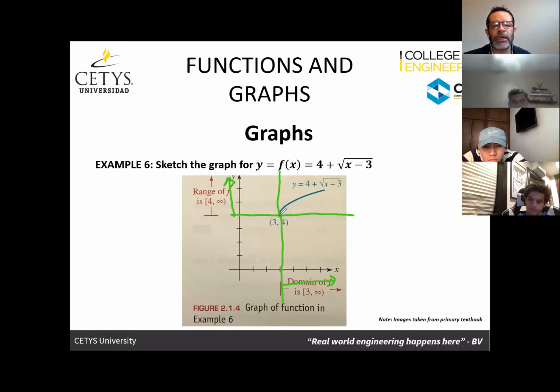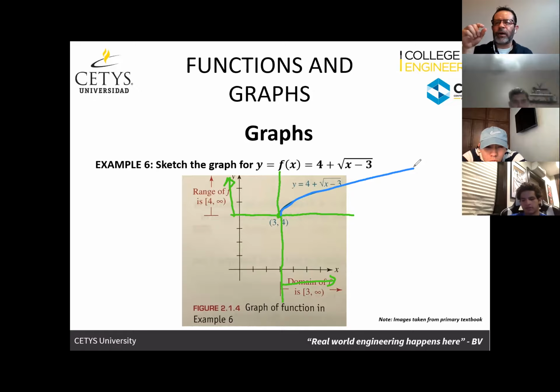The reference point is that for x equals 3, y equals 4. So this is going to be the reference point. And we just said that when x increases, y increases as well. So somehow the graph is going to be growing from this point onwards. And it's going to keep growing until infinite.